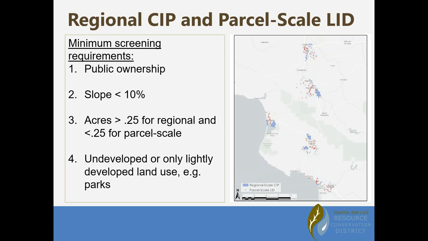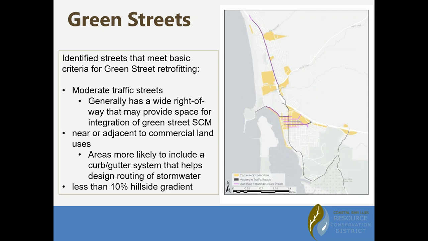For regional projects, the acreage must be over a quarter, and for parcel scale projects, they are under a quarter. And the third requirement is on undeveloped or only lightly developed land. So here's an example of one of the maps that shows all of the regional scale projects and parcel scale LID, and there's a whole map series of these in the plan.